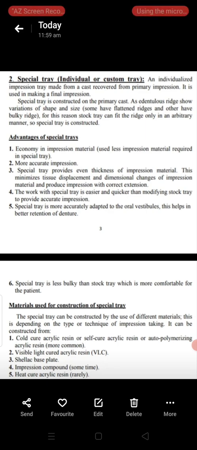Fourth, work with special tray is easier and quicker than modifying a stock tray. We can modify a stock tray, but work with special tray is easier and quicker in providing an accurate impression. The fifth advantage is that special tray is more accurately adapted to the oral vestibule. This helps in better retention of denture because it is specialized for that patient. Sixth, special tray is less bulky than stock tray, which is more comfortable for the patient.